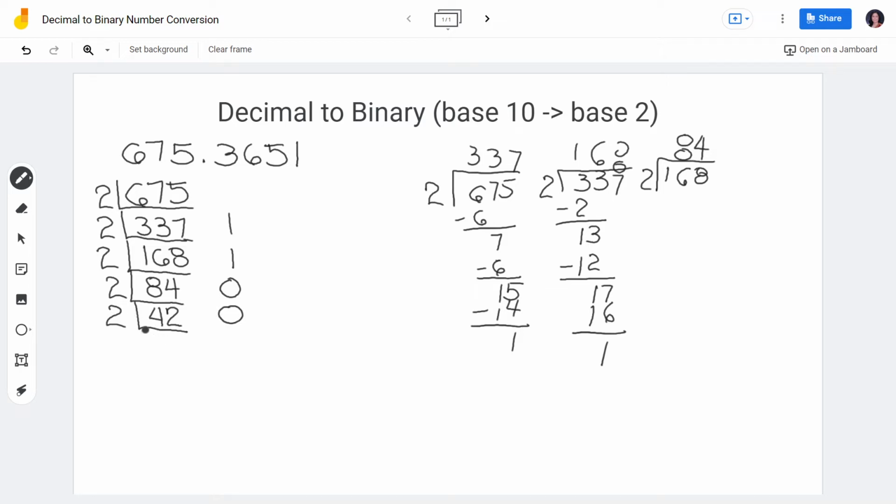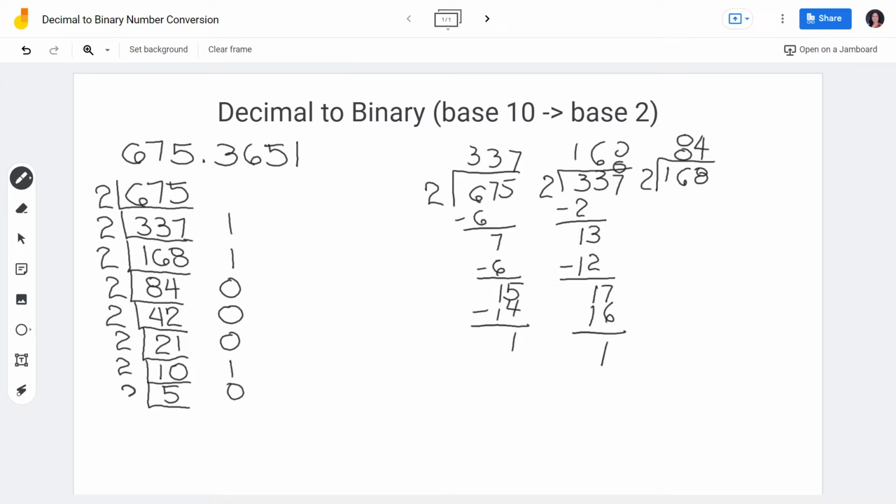Then 42 divided by 2 is 21, remainder 0. Next, 21 divided by 2 is 10, remainder 1. And then 10 divided by 2 is 5, remainder 0 since it's an even number.